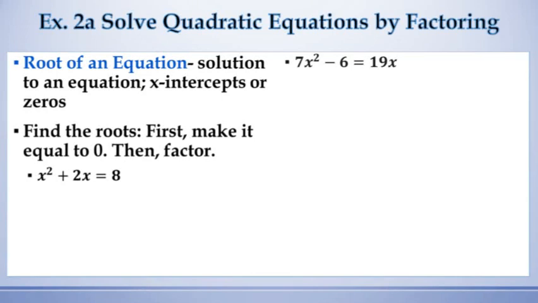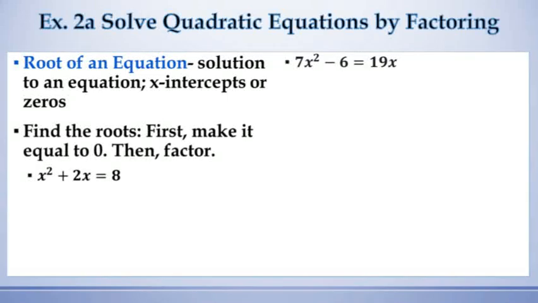And the roots of an equation are the solutions to an equation, which are also known as your x-intercepts or your zeros. You already found x-intercepts and zeros earlier in the year. So if you were to graph them, where do they cross the x-axis? So in order to solve these problems, we're going to find the roots, which means we're going to find the x-intercepts or the zeros.